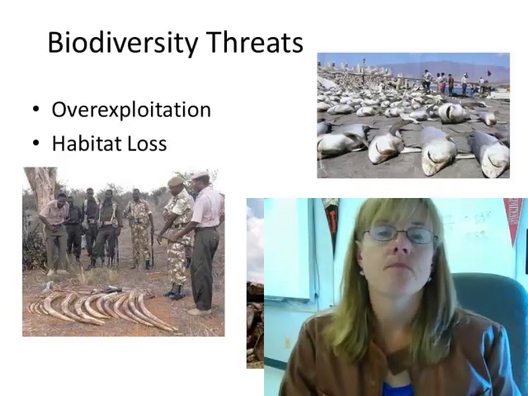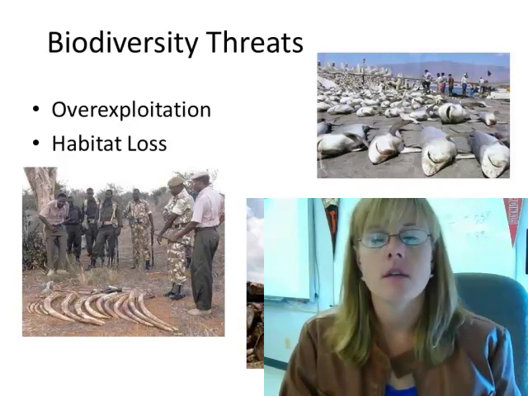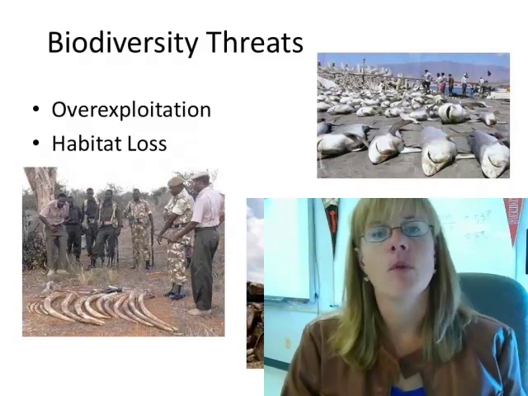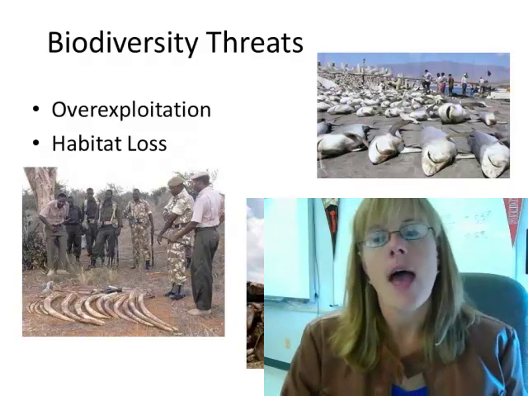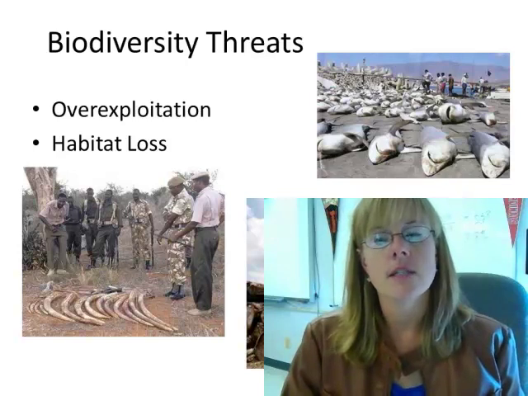We're overexploiting the big cats because people hunt them for their pelts. Cutting down wood and timber is overexploitation, and that overexploitation of the plants is causing habitat loss for all of the organisms that live there. So we are doing a lot of things that are overexploiting the animals that are there.